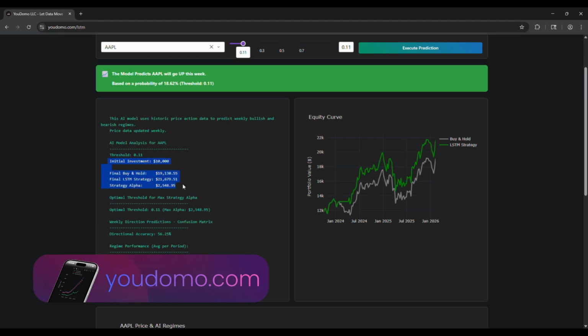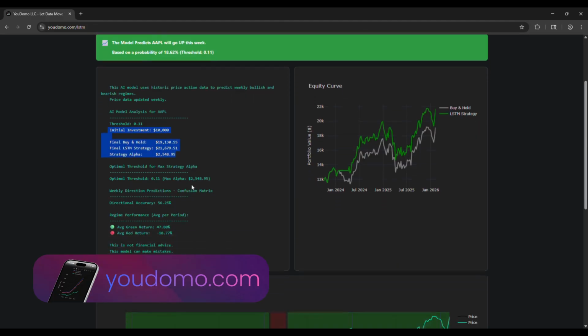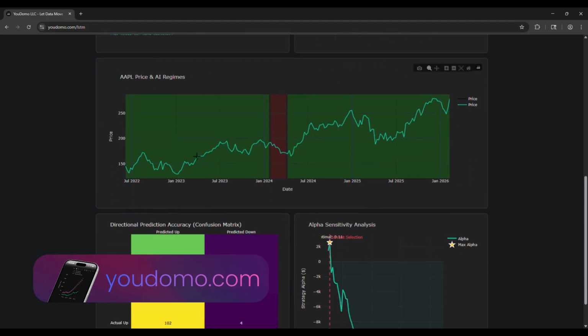Down below, we see bullish and bearish regimes. Here we see the AI model for most of 2022 to 2024. It predicts bullish sentiment for Apple based on historic price action, volatility, and other data points.